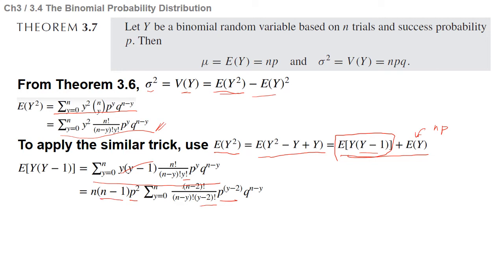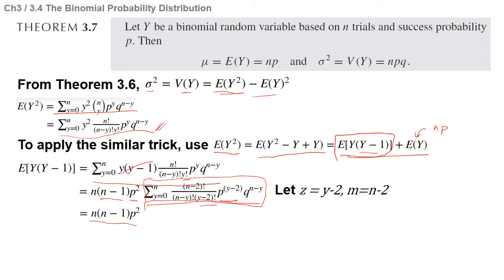And from here, we can use a similar trick. Let z equals y minus 2 and m equals n minus 2, and then this part becomes 1. So this one results in this thing.